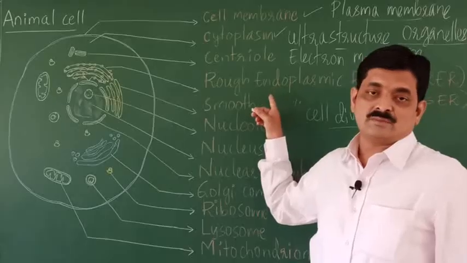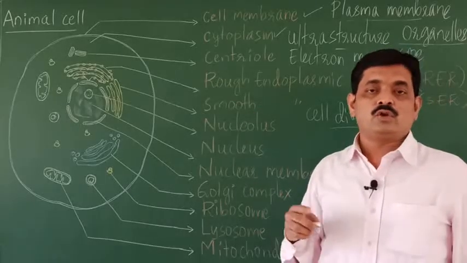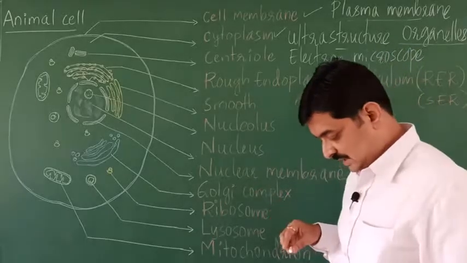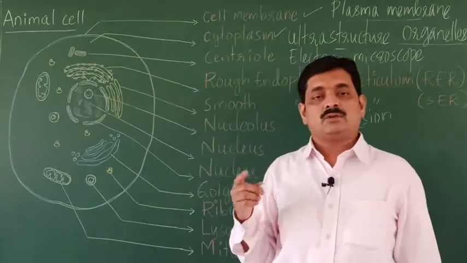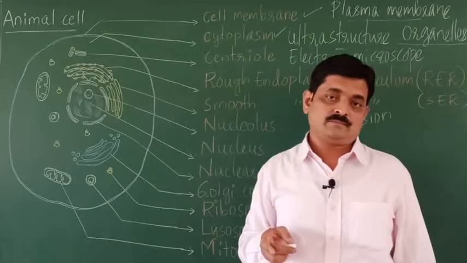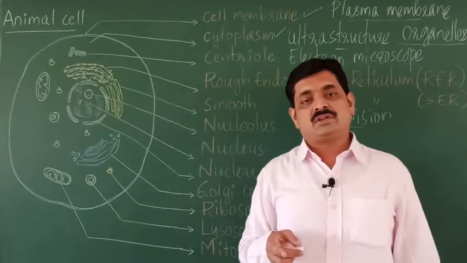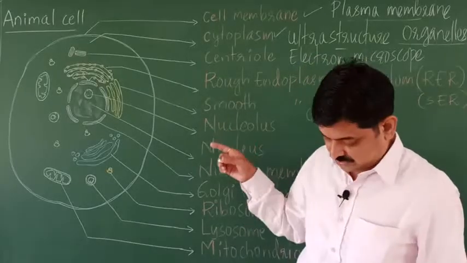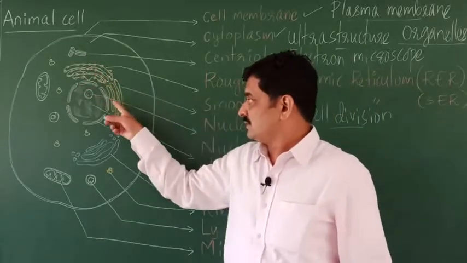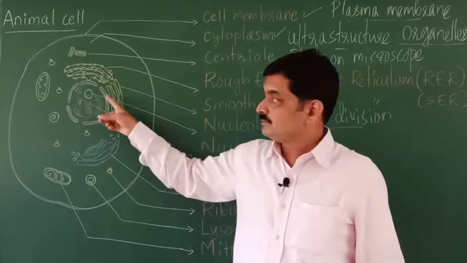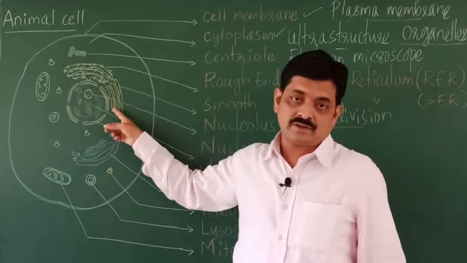Then the endoplasmic reticulum. Endoplasmic reticulum is another cell organelle that you can find in the animal cell. You can observe this structure here, this and this is endoplasmic reticulum.